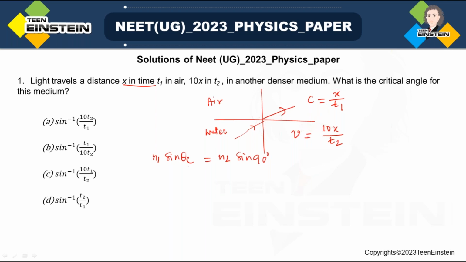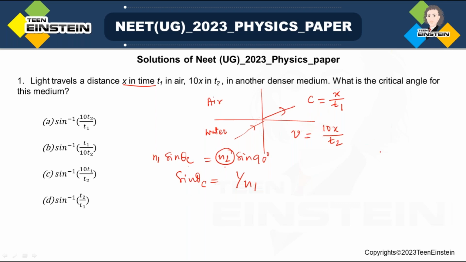This is the critical angle, and this is the refractive index of the water. So sine theta c is equal to 1 over n1, and in air it is 1. Okay, sine theta c is this.